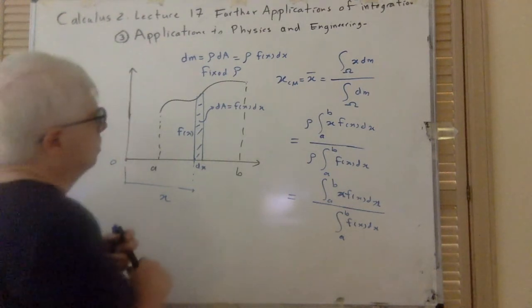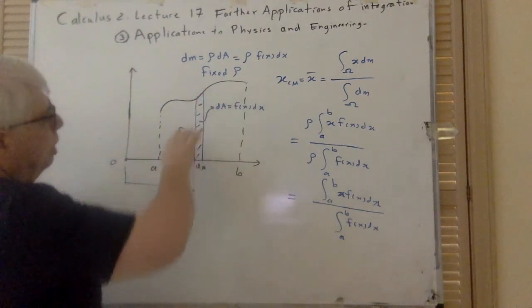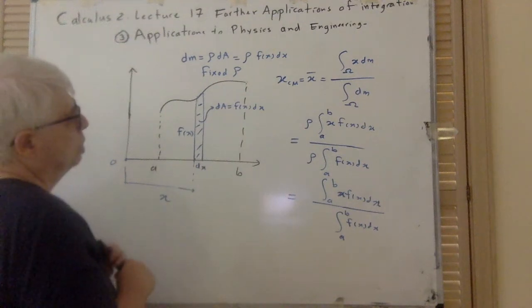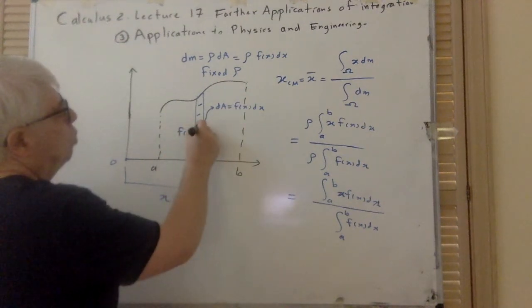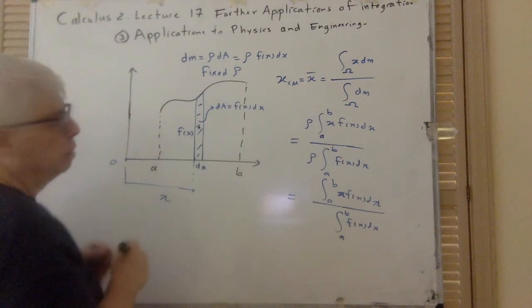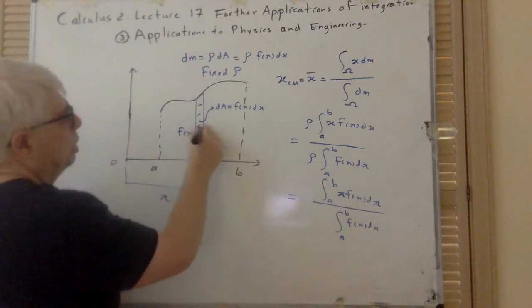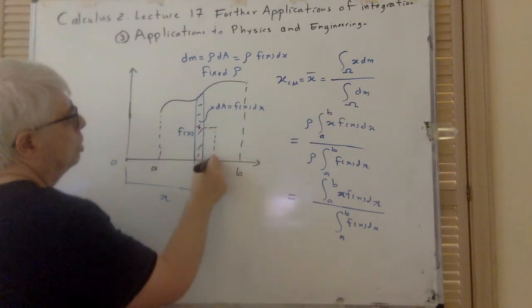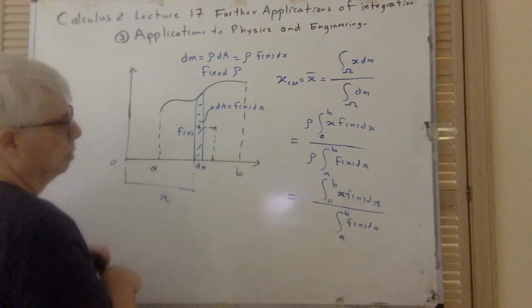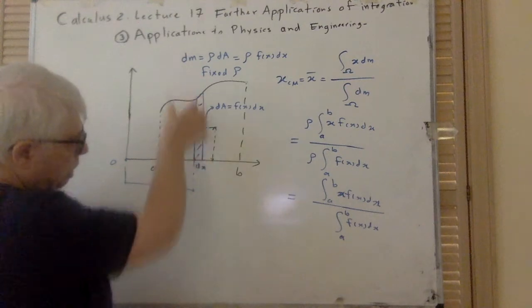We say, okay, this guy here, this dm, what is the y-coordinate of the center of mass here? The y-coordinate is simply the middle of this, okay? So this is the y-coordinate of the center of mass of this one, for this dA.